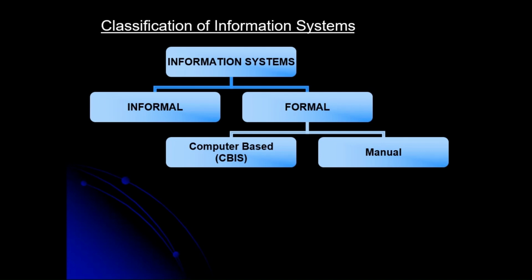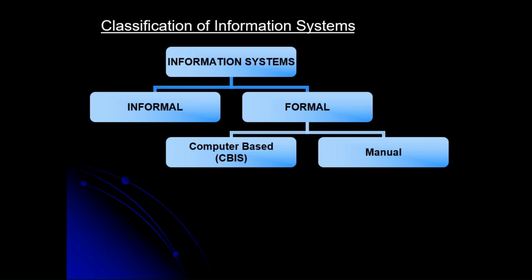In an informal information system, there is no standard procedure for you to follow. You can't say whenever you hear something about someone, this is how you have to process it, this is how you have to store it.